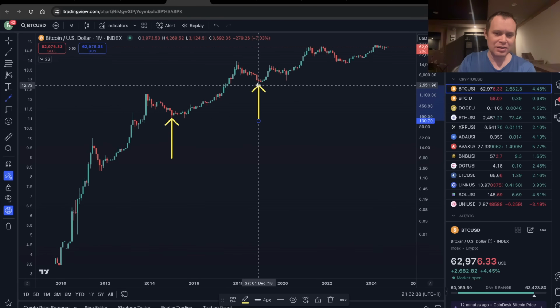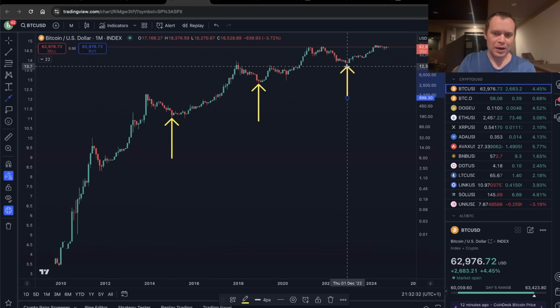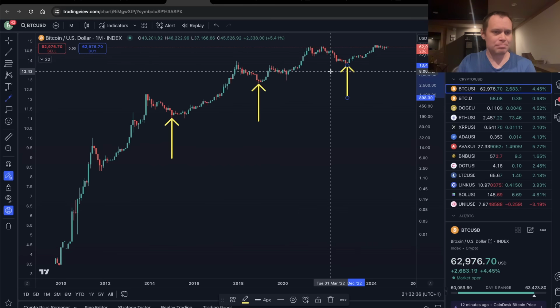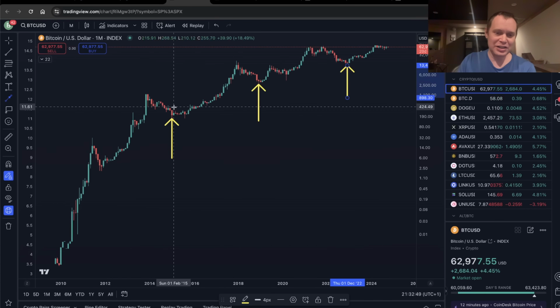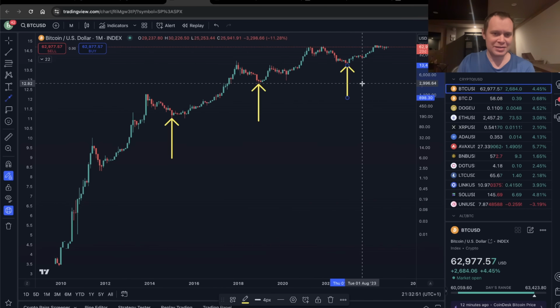But you can see that there were major lows around that time in all of these cycles, right? Pretty clear. Now, you could also take a low here in November of 2011, which was not around the same time in the cycle, but that was also really early on in Bitcoin's price history. Let's just look at these three cycles as measured from the low.